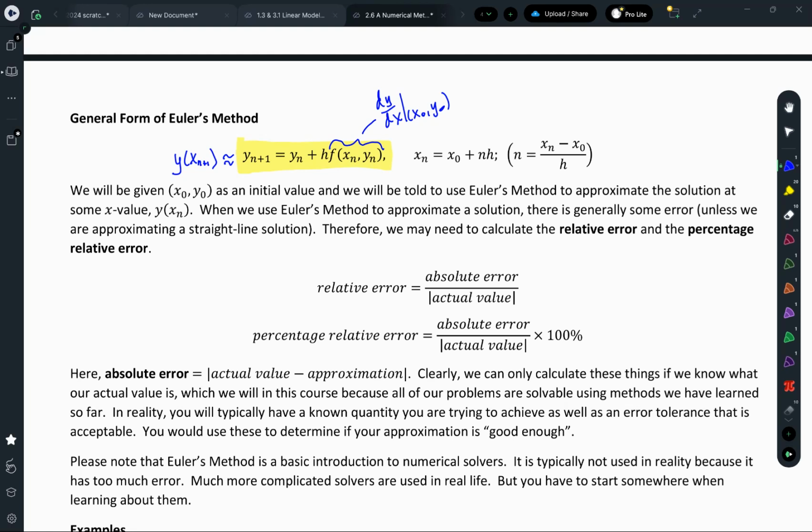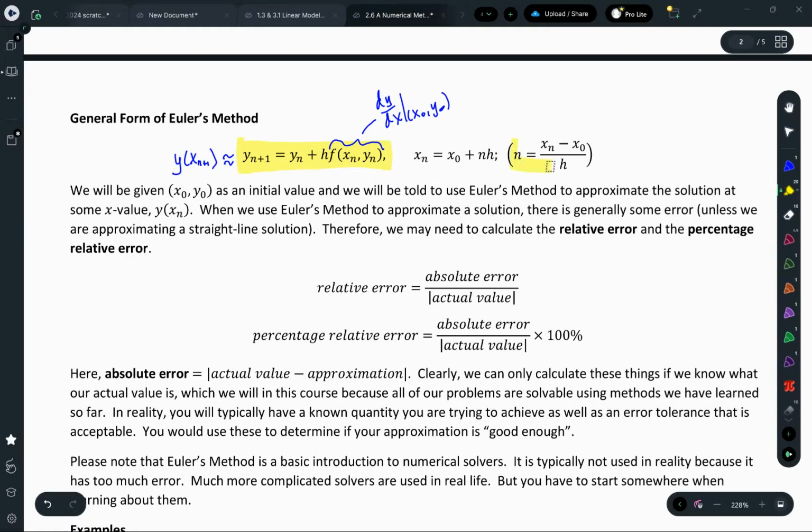And we have to figure out how many times we do that. Like, when do we stop? I think it'll be much more clear when we go through an example and do the calculations, but I'm just reading you what the formulas are right now. If we're told that we have some step size, maybe it's 0.5, and we know a start x value and an ending x value, but we don't know the number of steps we need to take to get there, we can calculate that.